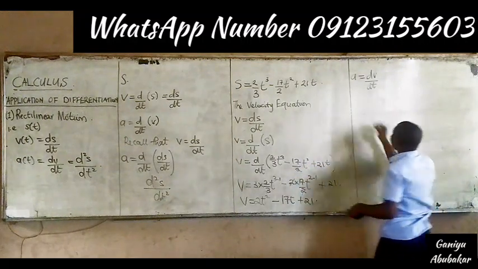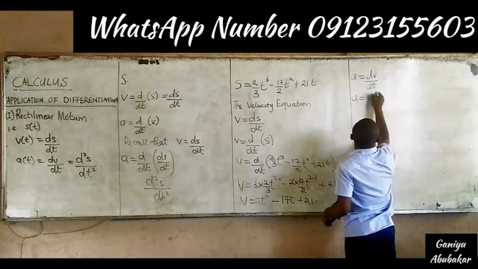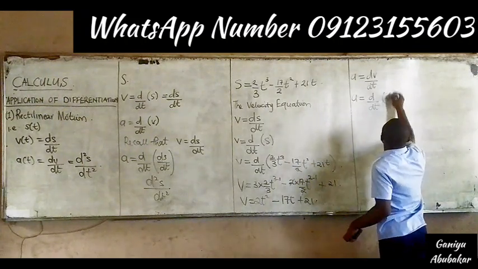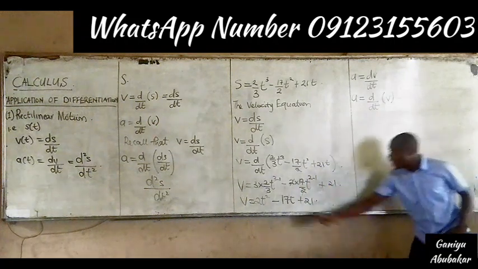In other words, a is equal to d over dt of v. Of course, what's v? v is everything here.